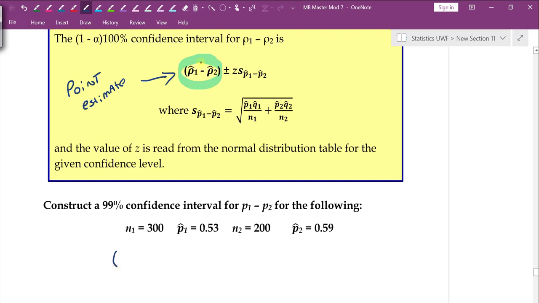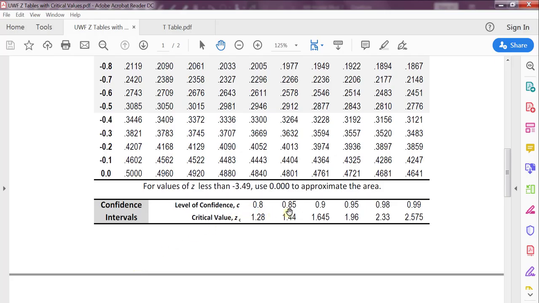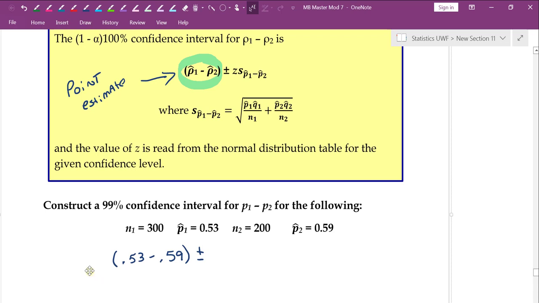So that's going to be 0.53 minus 0.59. That's my point estimate. Add and subtract my Z, my critical value. I'm doing a 99% confidence interval, and so that's going to be right down here. 99% confidence interval is 2.575. So 2.575 multiplied then by P hat 1, 0.53 multiplied by Q hat 1.